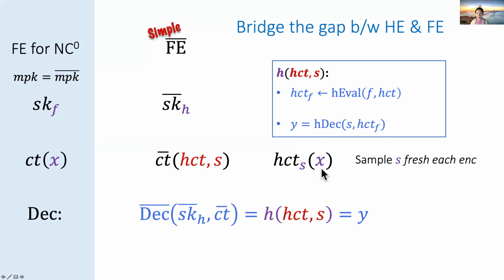Therefore, the HE security still holds and hence hides the encrypted input X. So this would indeed be a kind of secure template for us to construct FE.